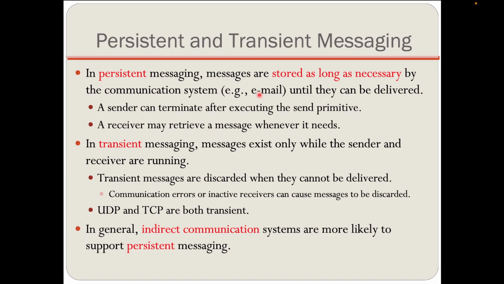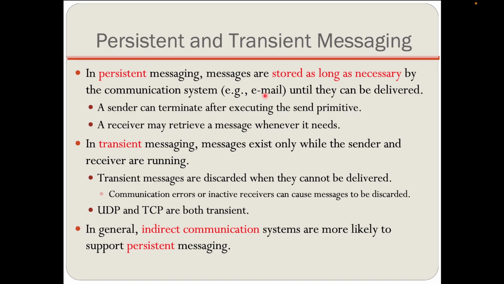As long as the email address is there, the email system is like a mailbox. The sender and receiver all recognize the same mailbox, and here the mailbox is the receiver's email address.